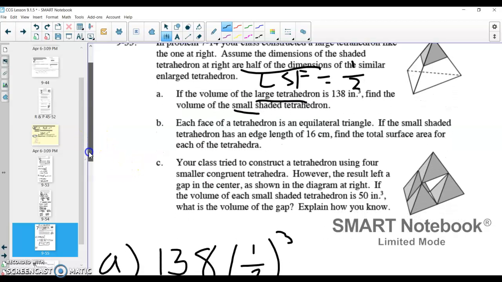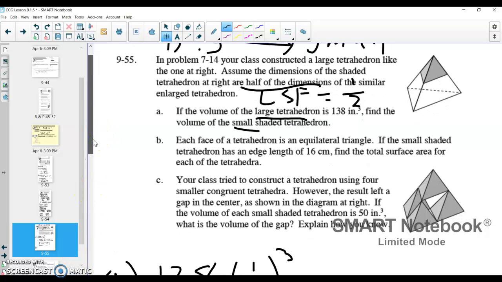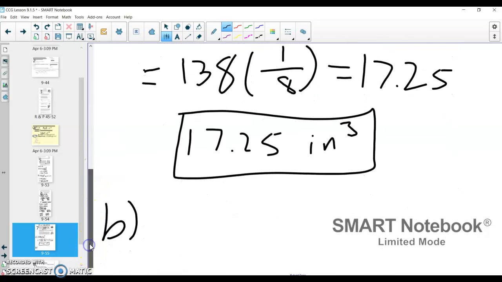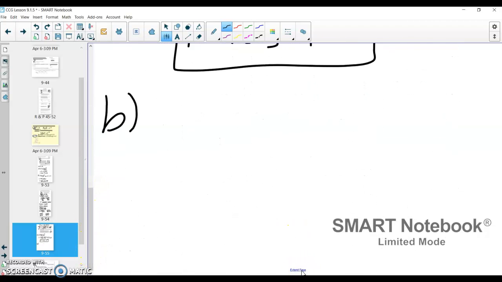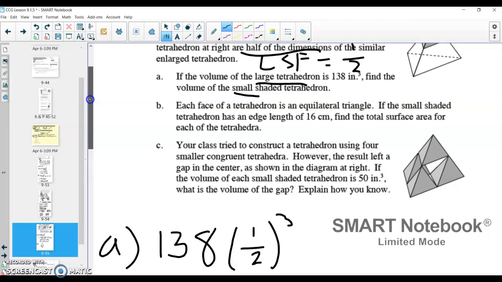All right, so what I'm going to do here is I'm going to actually have to draw this one out a little bit. And so what it's saying is that these tetrahedrons are made up of equilateral triangles. Okay, so we're going to pretend that I can actually draw an equilateral triangle, and it's saying that it has an edge length of 16. All right, now these tetrahedrons are really made up of a bunch of these equilateral triangles.